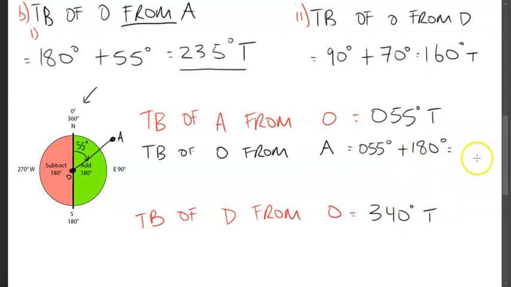So this ends up being the 235 degrees that we initially got in the first place. Because what's happening is that this angle that we're finding here to get the backwards one is technically just the line continuing on.